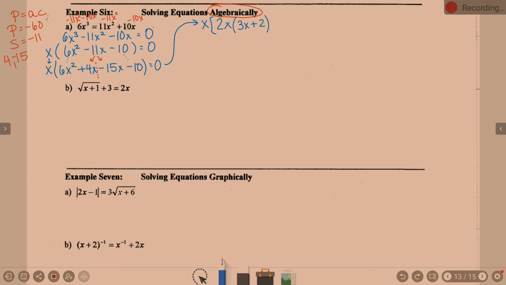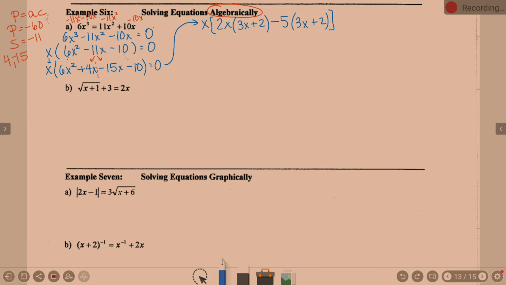GCF of the second half. Negative 15x minus 10. What do they both divide by? 5 of the negative variety, please. Because both terms are negative, we need to divide by negative to make this work out. So, minus 5. Negative 15x divided by negative 5 is going to be 3x. Negative 10 divided by negative 5 is plus 2. I can end parentheses. I can end my bracket.